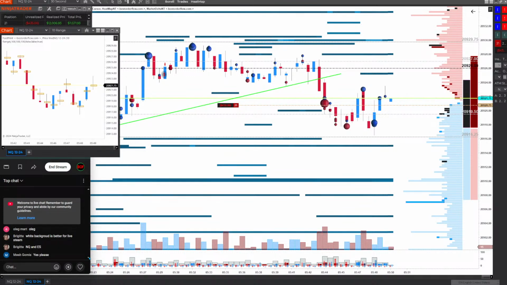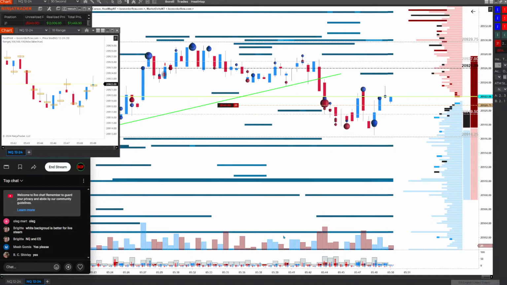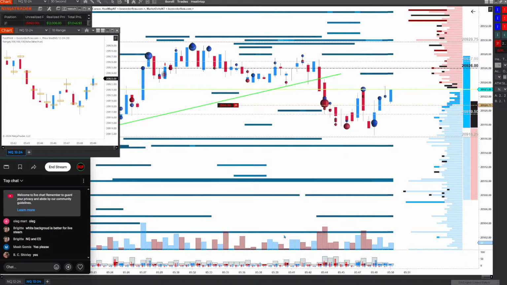Okay, the word delta by default, not only in trading, means the difference.